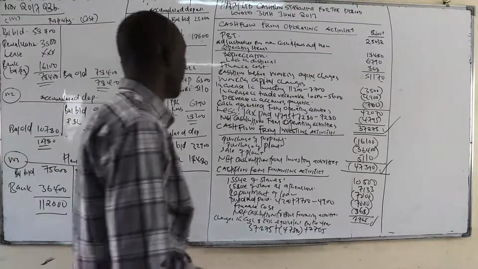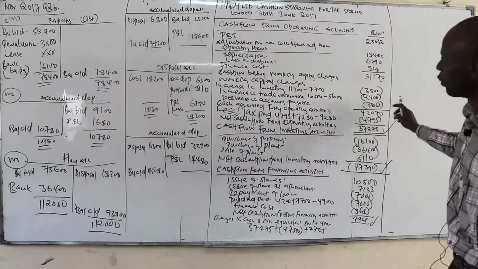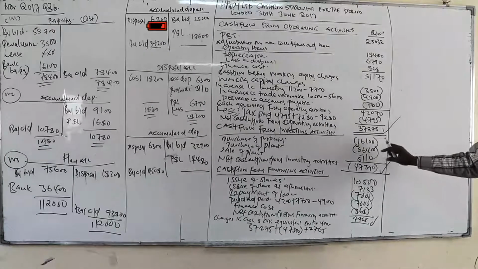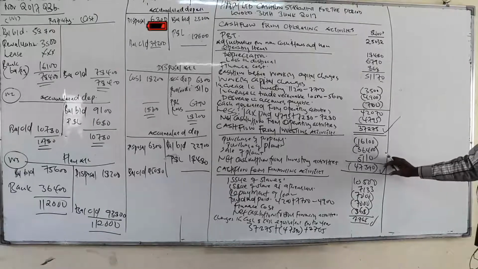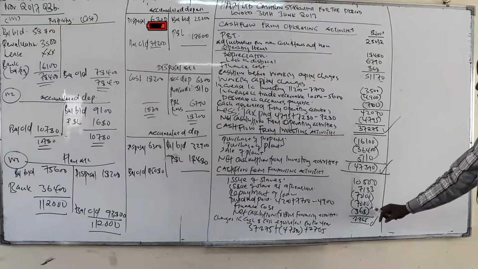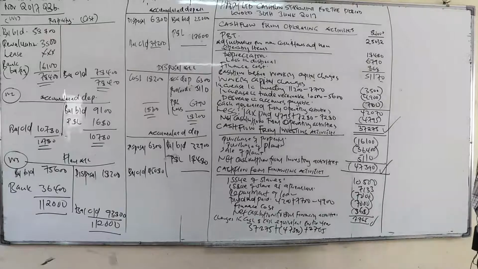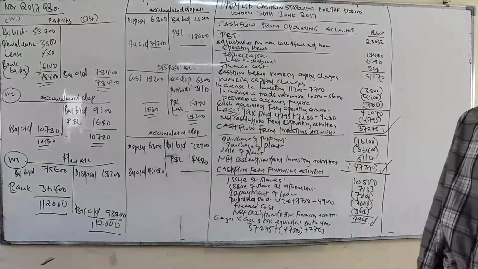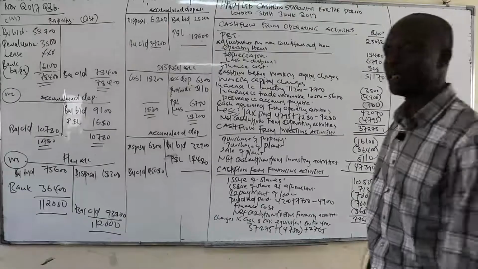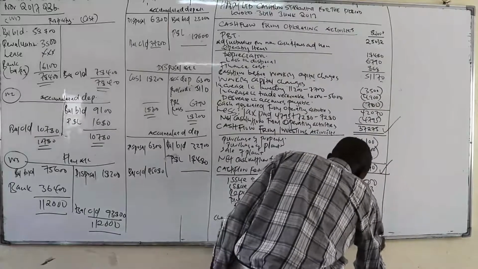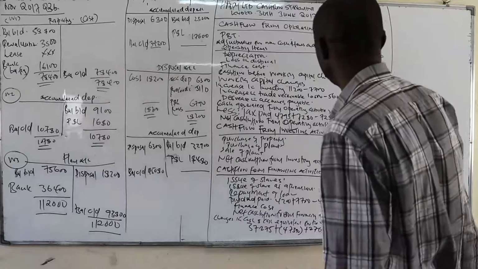So you're going to combine the net cash inflow or outflow from operating activities. You are going to add it to the cash inflow or outflow from the investing activities. And then you are going to add the cash inflow here. So you're going to add those three figures. When you add, what do you get? 87? Are you sure?